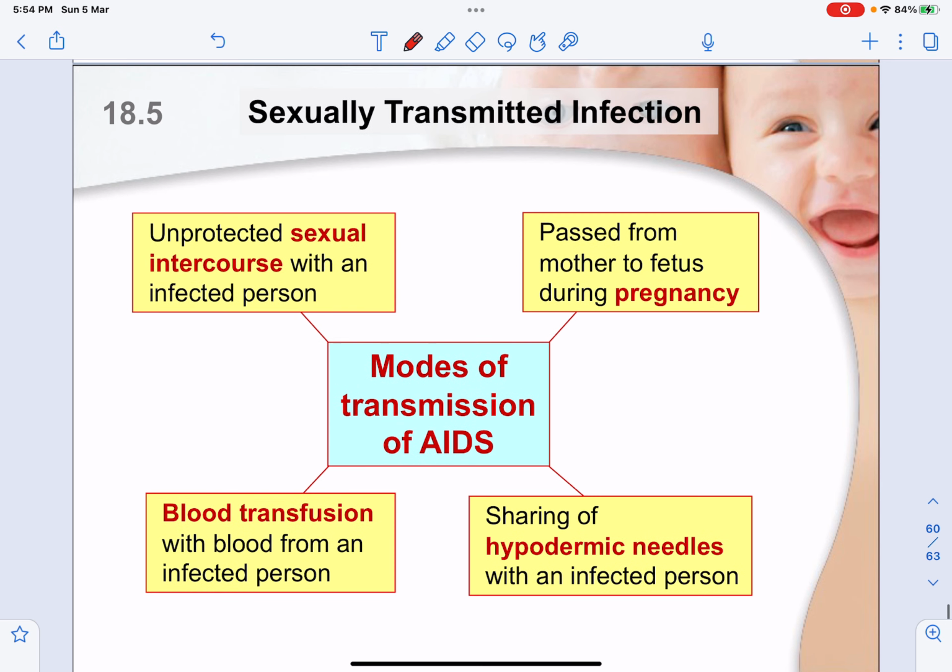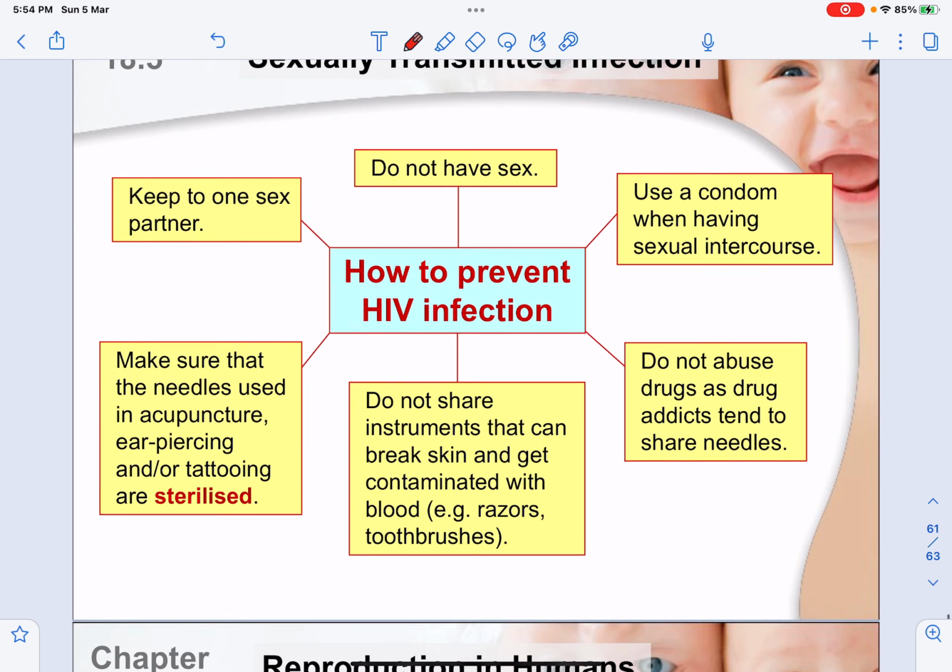But more importantly are the modes of transmission of AIDS: through unprotected sexual intercourse with an infected person. It can be passed from mother to fetus during pregnancy, by blood transfusion with blood from an infected person, or by sharing of hypodermic needles with an infected person. So these are the different avenues of mode of transmission of AIDS.